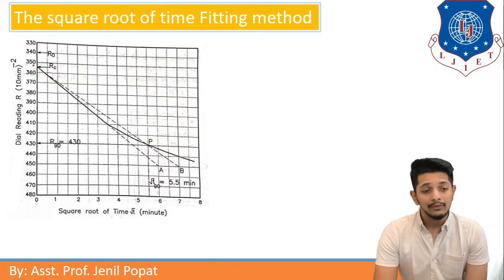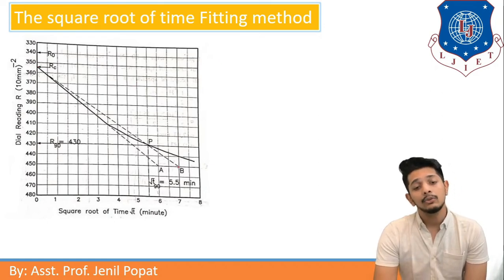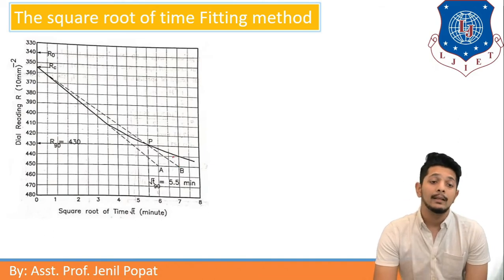After that, from Rc, line B is drawn. Line B is 1.15 times line A. From that experiment, for this particular experiment, we get the root t90 value as 5.5 minutes from point P, as point P shows 90% degree of consolidation, both in dial gauge reading as well as in terms of root t.